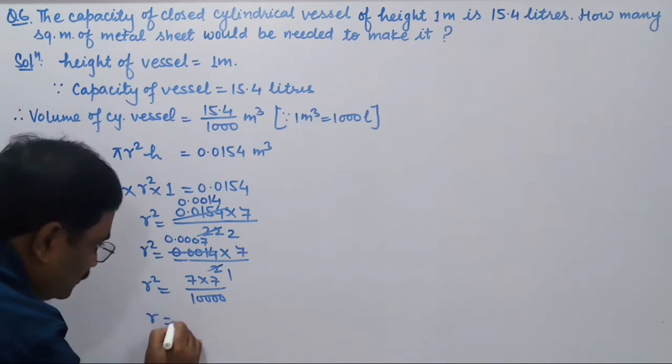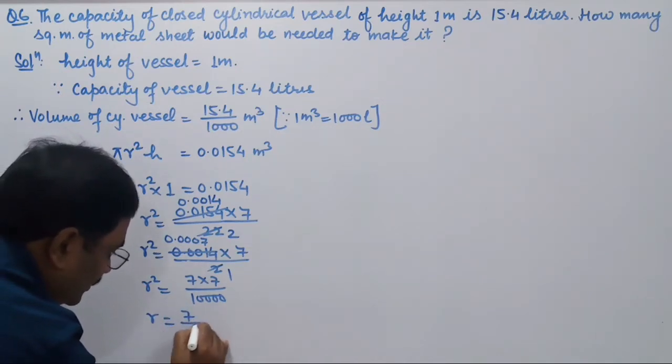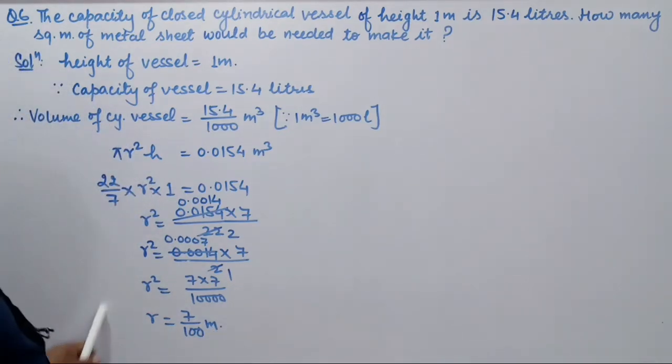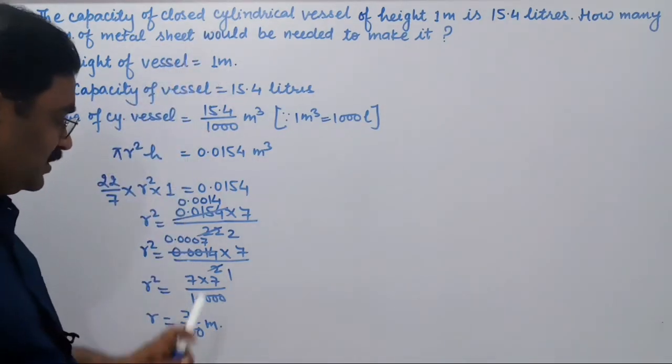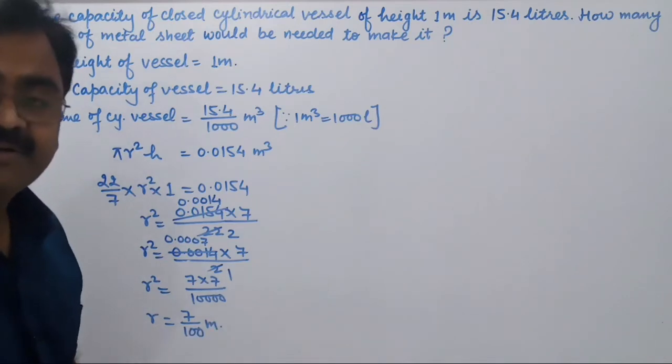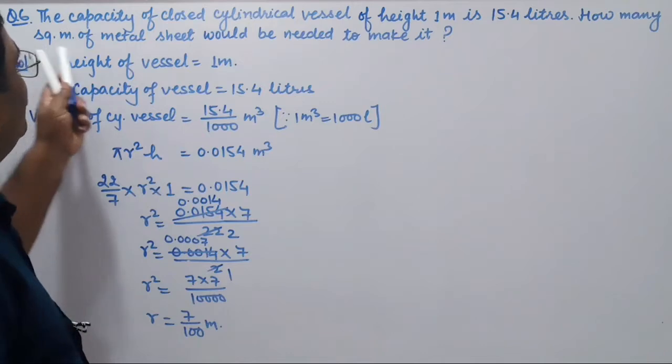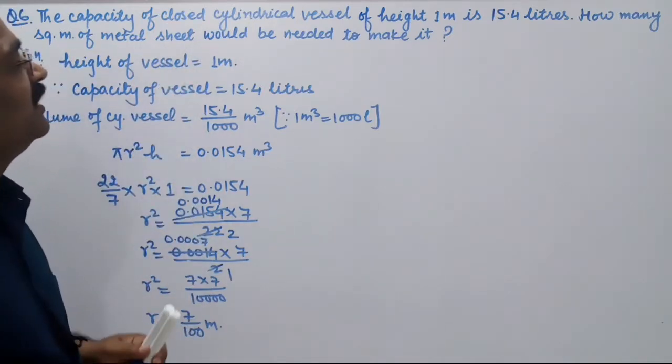Therefore, r is equal to 7 upon 100 meter. So the radius of the base of this cylindrical vessel is 7 upon 100 meter.